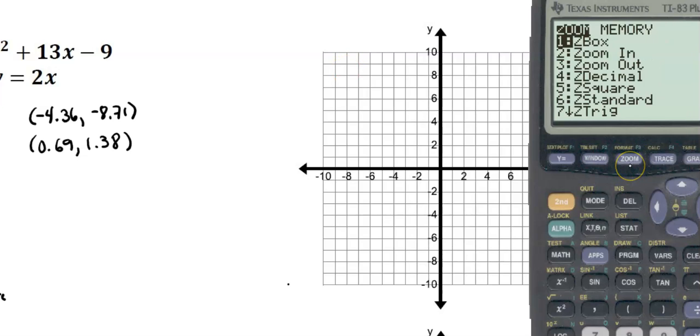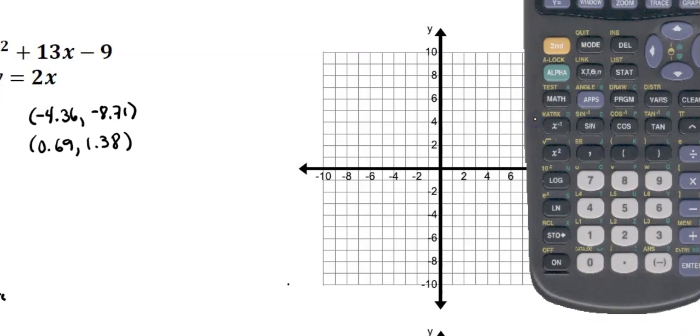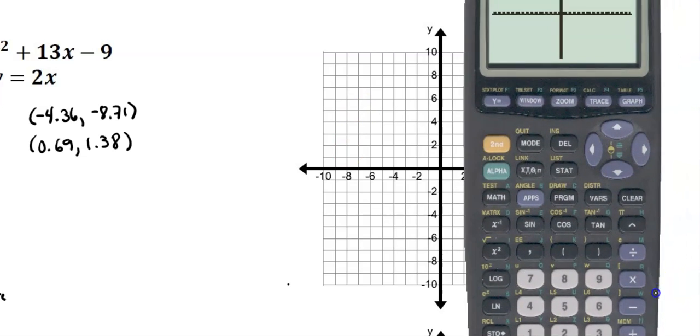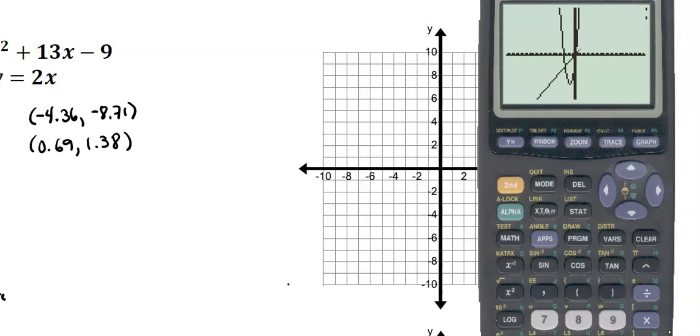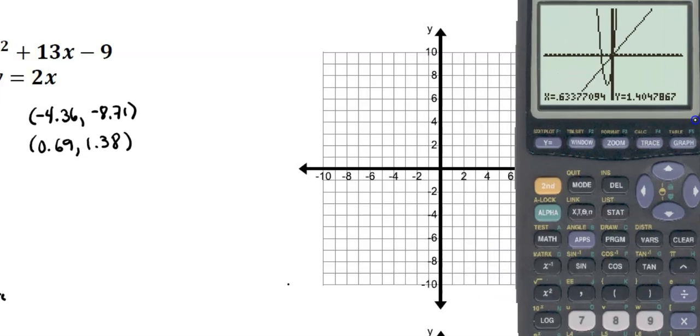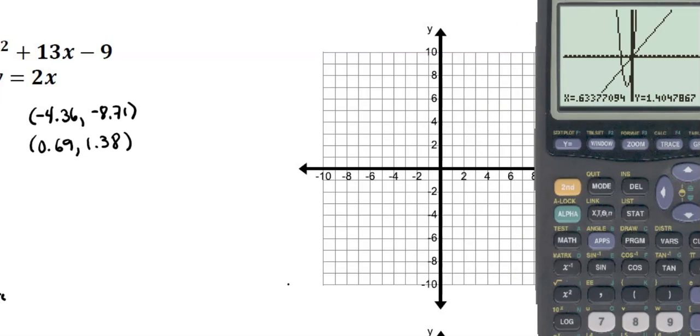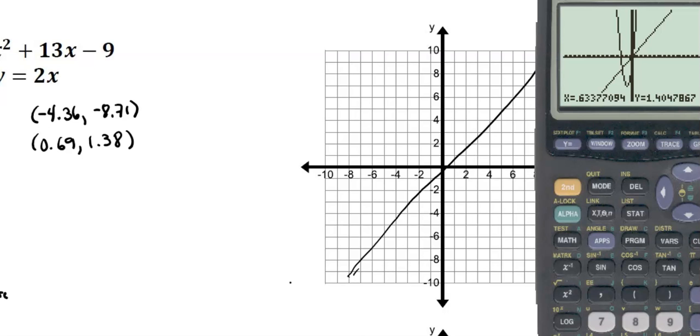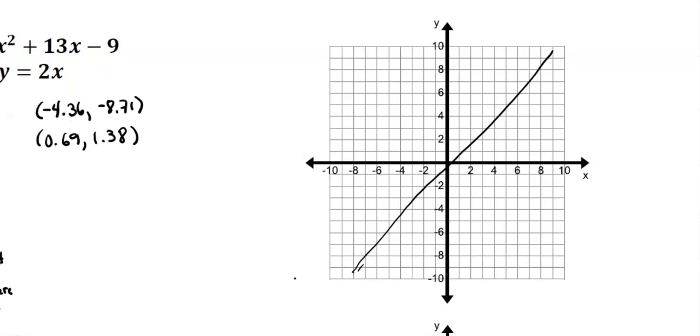If I zoom out, see, the one line goes like this, and the other curve, the parabola, does that.